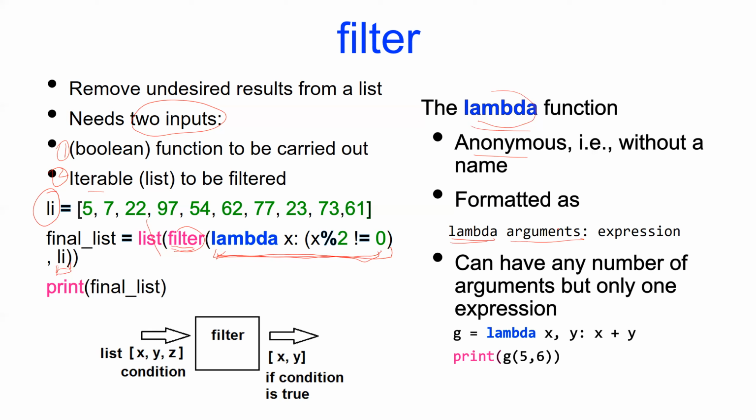Arguments are what you are passing into a function, so this is the function's input arguments. Then this is the expression. This expression says what you want to execute within your function body. So although a lambda function is an anonymous function, it still contains the arguments and the expression.